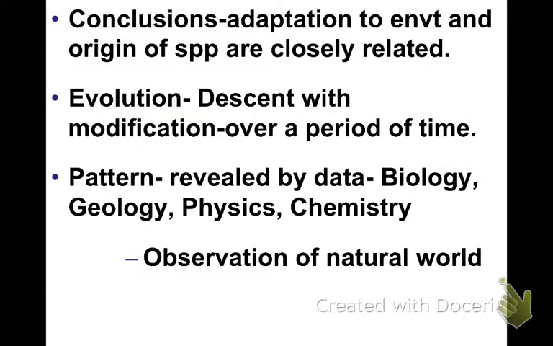Okay, so the conclusion that he made was that adaptation to the environment and the origin of species are closely related. And evolution, he didn't use the word evolution, he just said descent with modification over a period of time. So there was a pattern revealed by data, and that pattern can be observed in the field of biology, geology, physics and chemistry by observing the natural world.